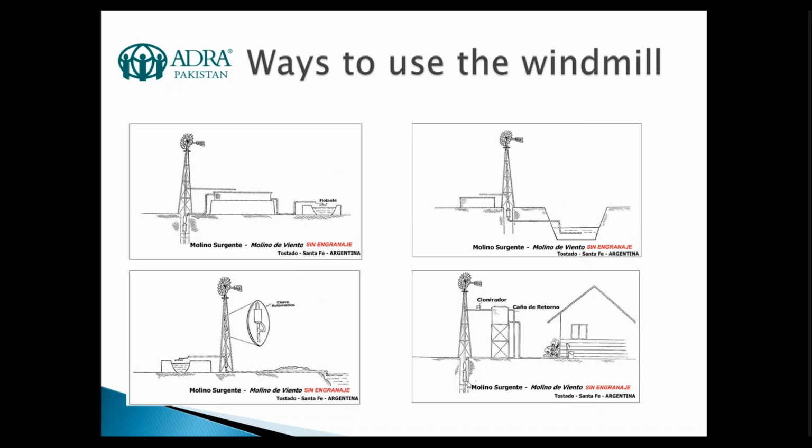This picture is pumping from a borehole to fill the tank for your home or for your use. Also, you can set a chlorinator, a device to include chlorine to purify your water.